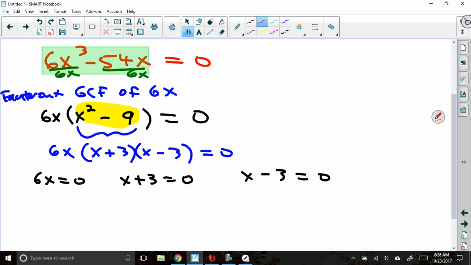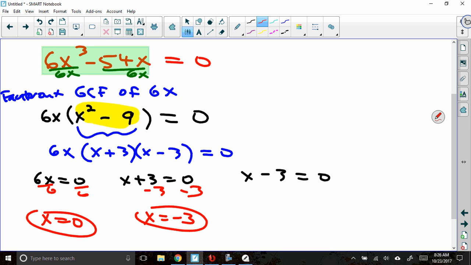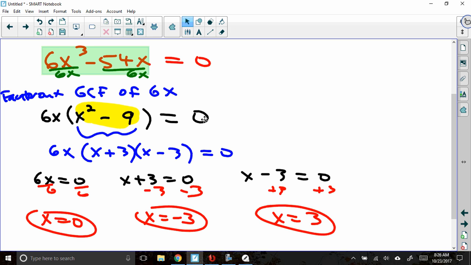If we solve each of these, x equals 0, that's one answer. X equals negative 3, that's another answer. X equals positive 3, that's another answer. So this third degree equation has 3 answers, and we'll be studying that again in Chapter 5.